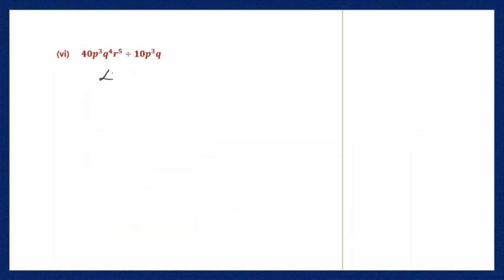Question 6. 40 p to the power of 3, q to the power of 4 and r to the power of 5 divided by 10 p to the power of 3 and q.